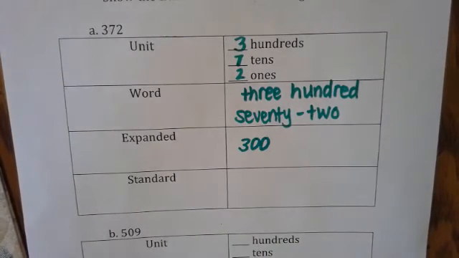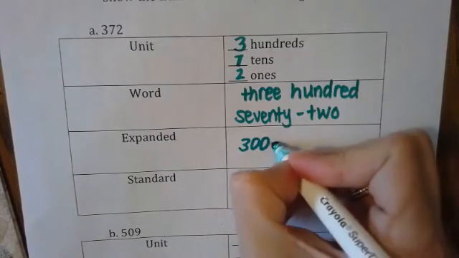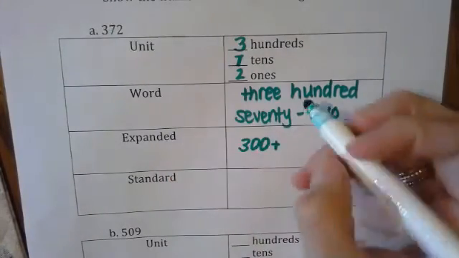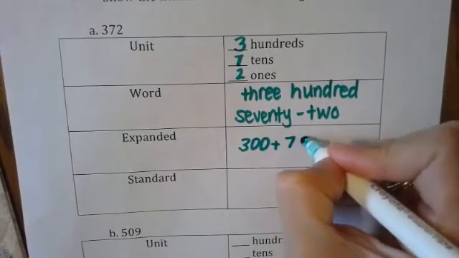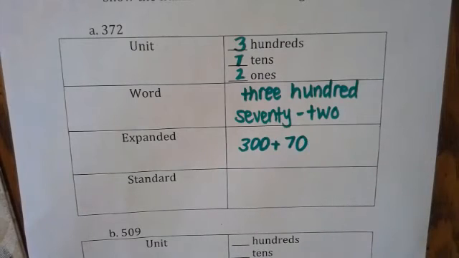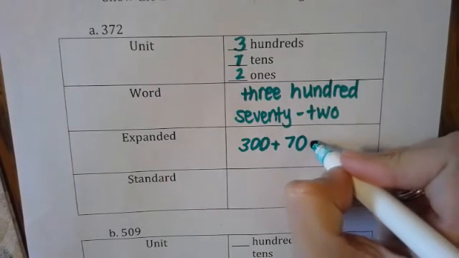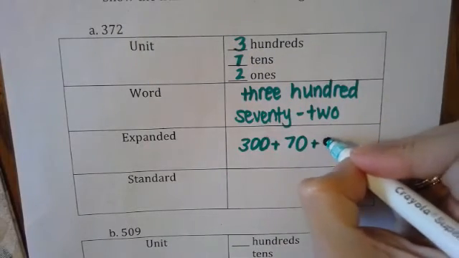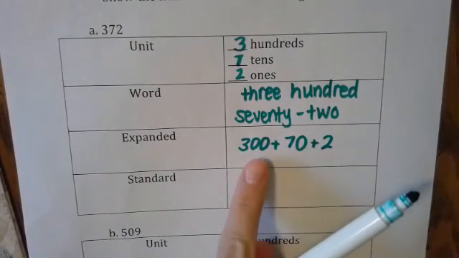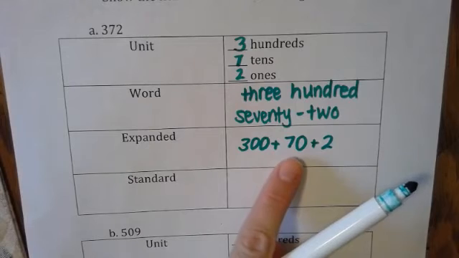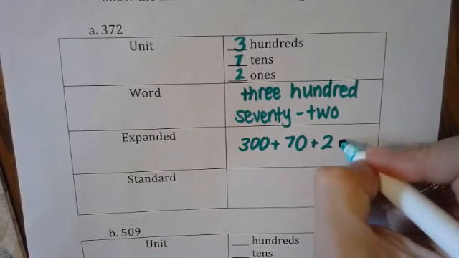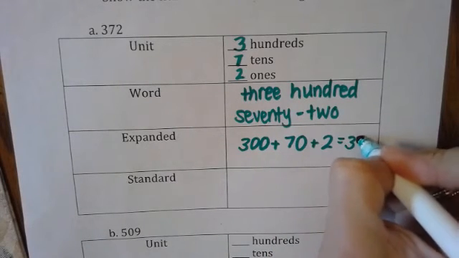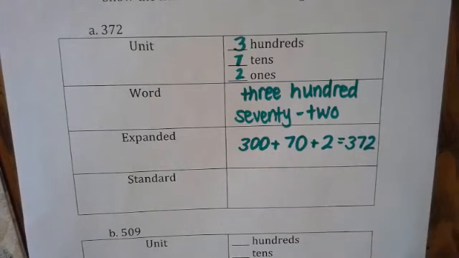Then I'm going to add 300 to the value of my tens. 7 tens are in 372. Plus, what's the value of the ones? 2 is left over. If I add together 300 plus 70 plus 2, it equals my original number, 372.